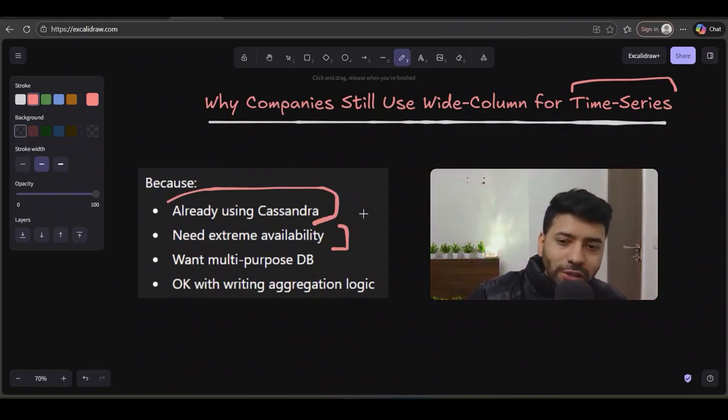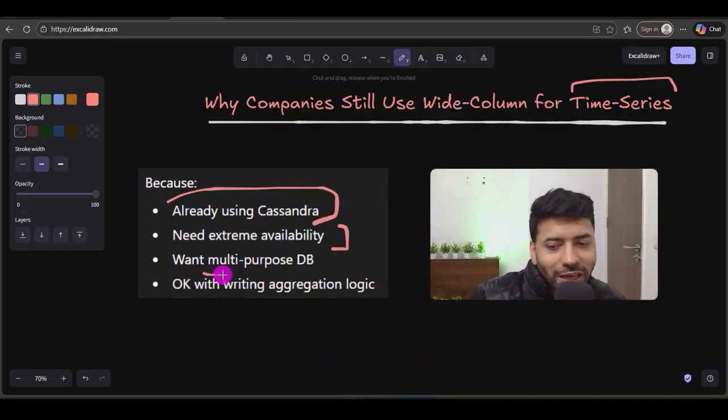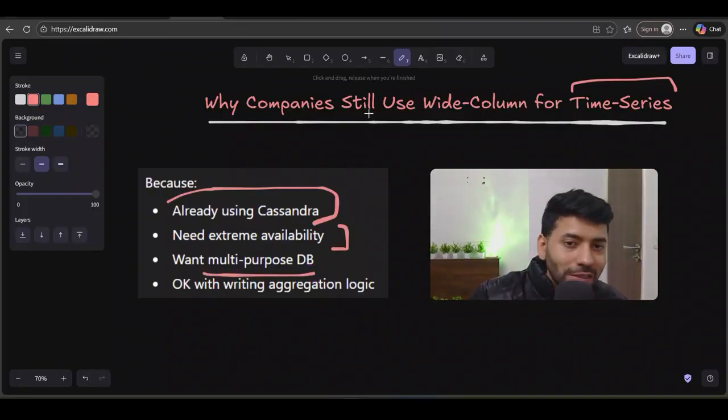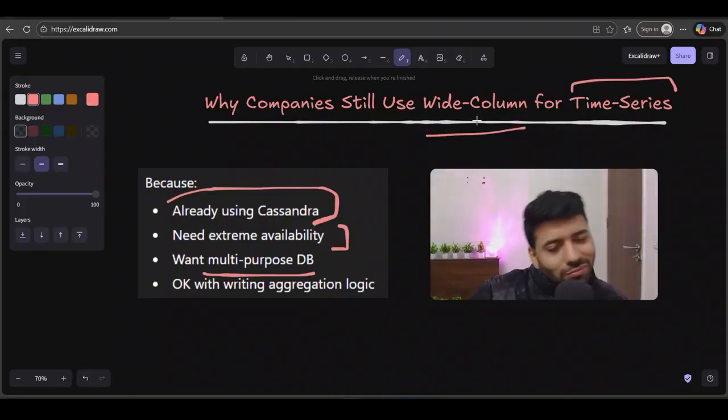So they might already be using it and they would like to just extend the role of the current database, like a wide column database, for storing time series data, as a wide column database can store time series data, right? So instead of using a new one, they just extend the role of the current database.